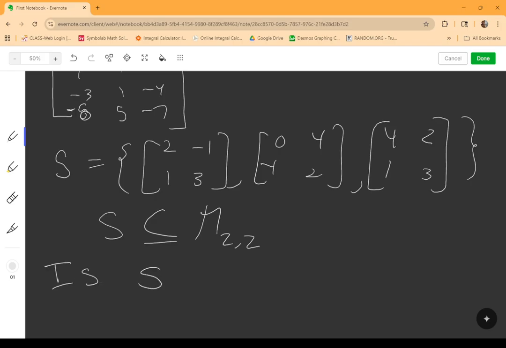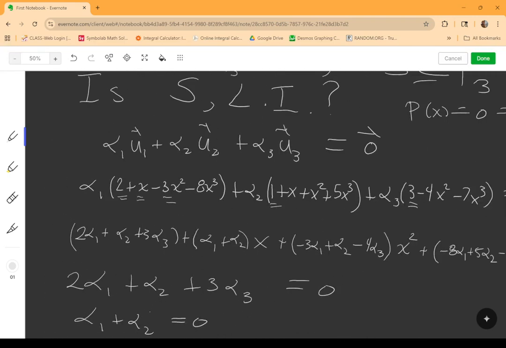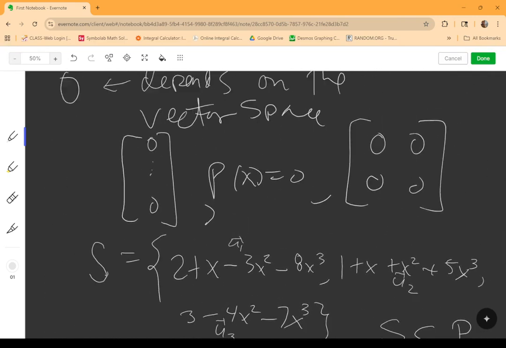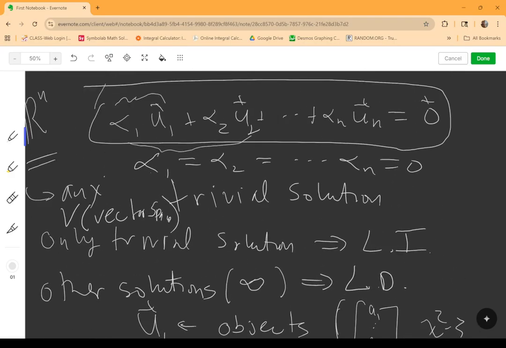Is S linearly independent? Again, think abstractly. We refer back to our definition of linear dependence, the relation of linear dependence. That remains the same throughout.